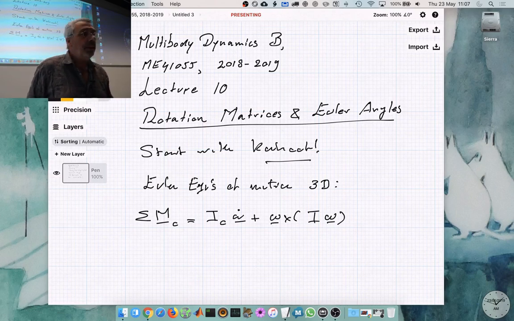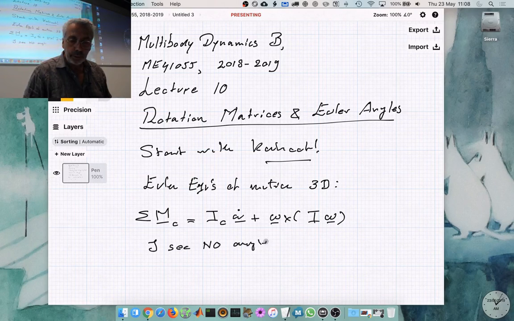If you look at the equation, then the elements are torques applied to the body, mass moment of inertia matrix, angular acceleration and angular velocity, and I see no angles here.